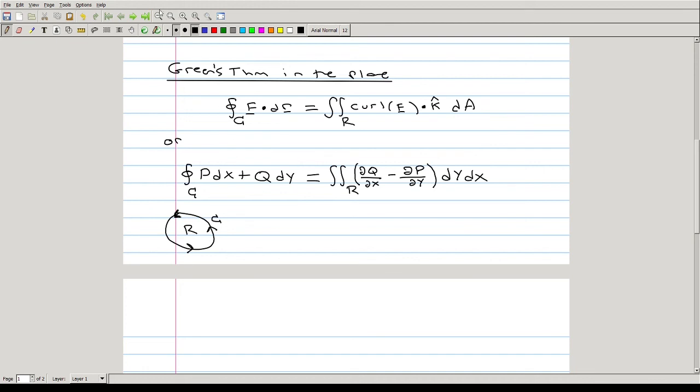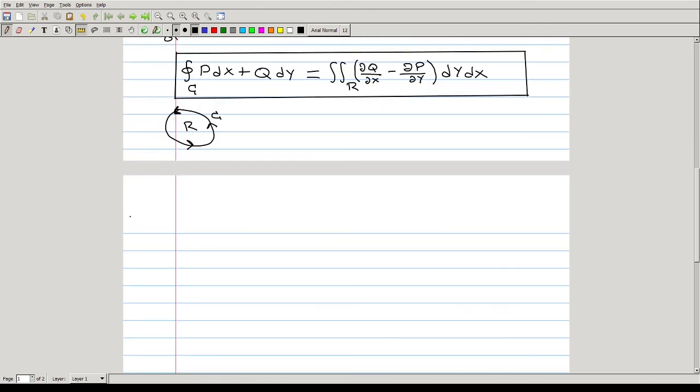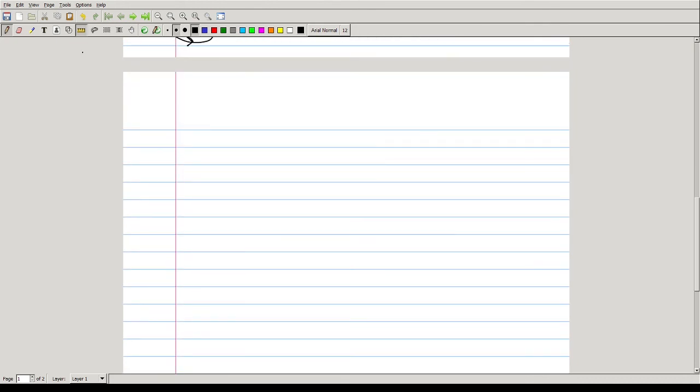So the proof of this theorem is really, really nice, and it's essentially just broken into two main parts. The first part, we consider what's called a standard domain, which is a simplified kind of domain R. But we'll see very quickly that we can actually generalize this fairly easily.